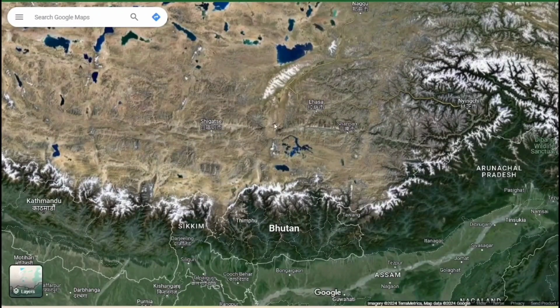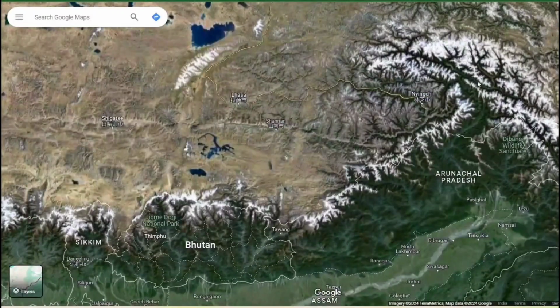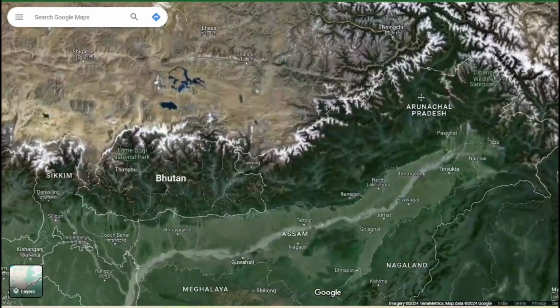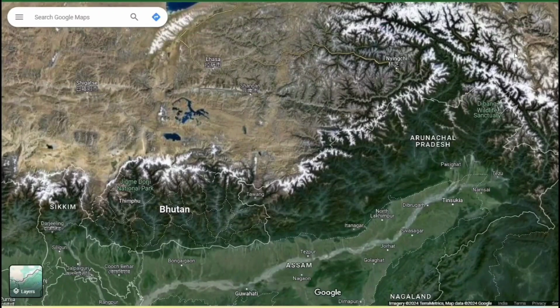But where is the main water coming from? The main water is coming in these areas. So they want these areas because these are the areas where you see a lot of precipitation. A lot of precipitation is observed in these areas, and precipitation doesn't take place here because these are very high mountains.